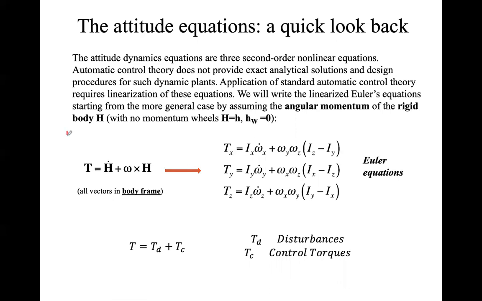For an inertial reference frame, if you know the angular momentum in the inertial reference frame, the variation is exactly equal to the torque expressed in the inertial reference frame.